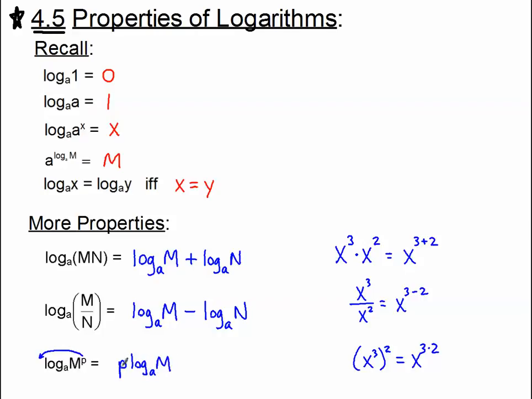So it's sort of like this exponent of p multiplied to this exponent of log base A of m. So it's still 2 exponents multiplied together. So again, I like to think of the Algebra 1 laws of exponents to help me remember these logarithmic properties.